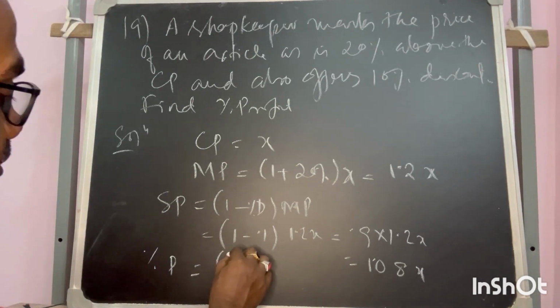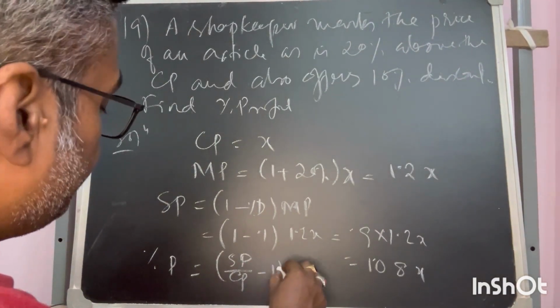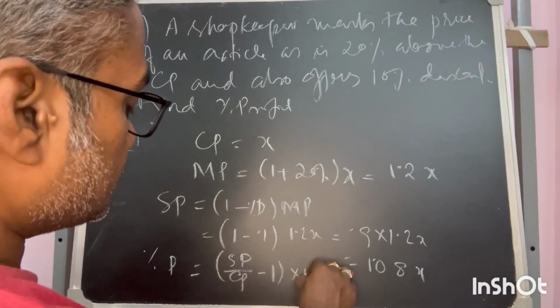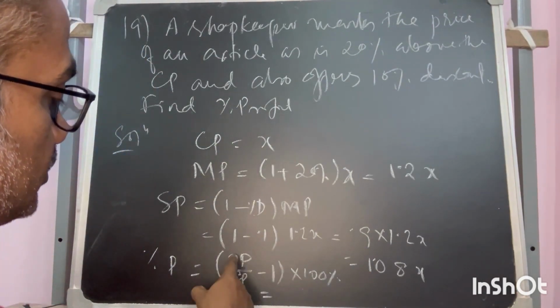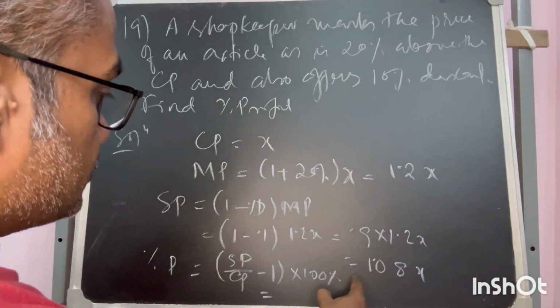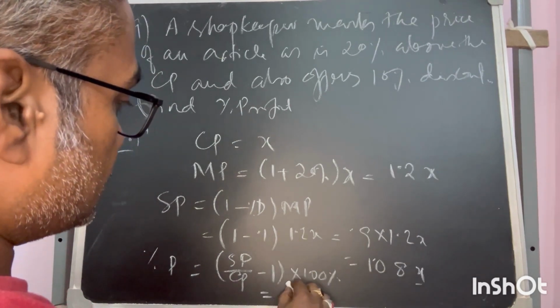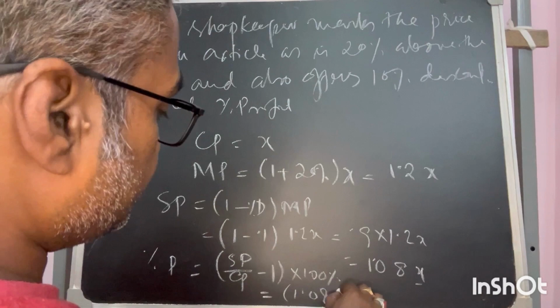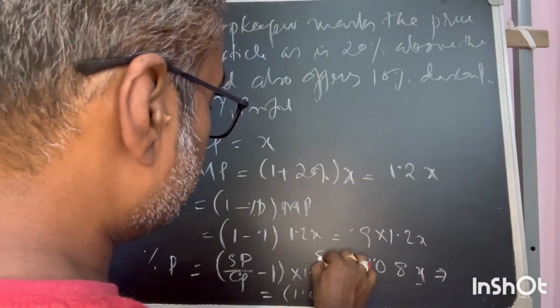Then profit is equal to SP by CP minus 1, and if it is the percentage, into 100. So that is equal to SP by CP, which is this divided by CP, equal to x. So from there also you can write this is X. So this is equal to nothing but 1.08 SP by CP, because from there it implies SP, no?